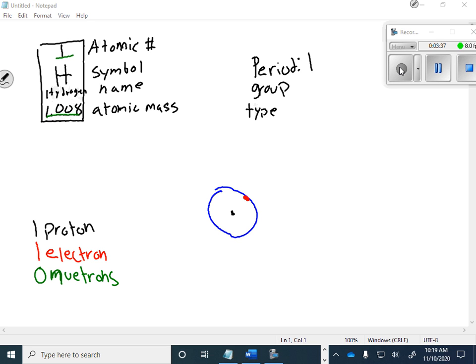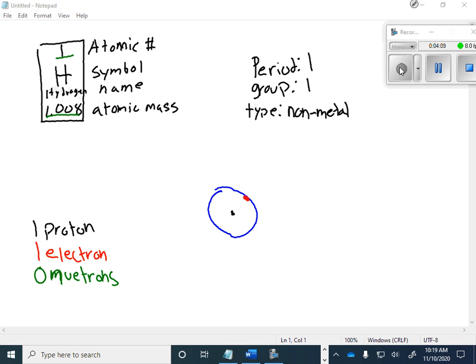And it's also in the first column, the first group, so it's group 1. And we have on our colored periodic tables that it is a non-metal. Remember, if you don't have a colored periodic table, then use the one from last Thursday, I believe. It has the periodic table there.